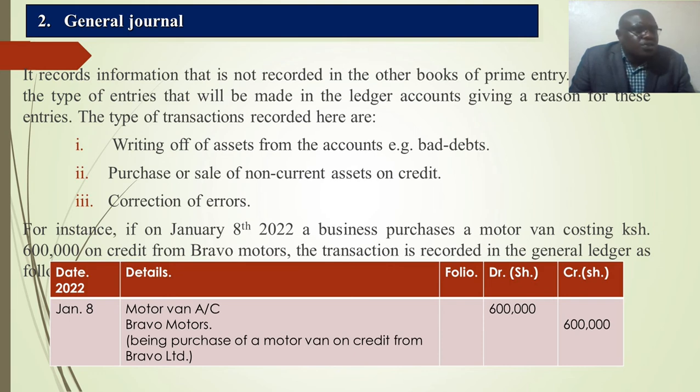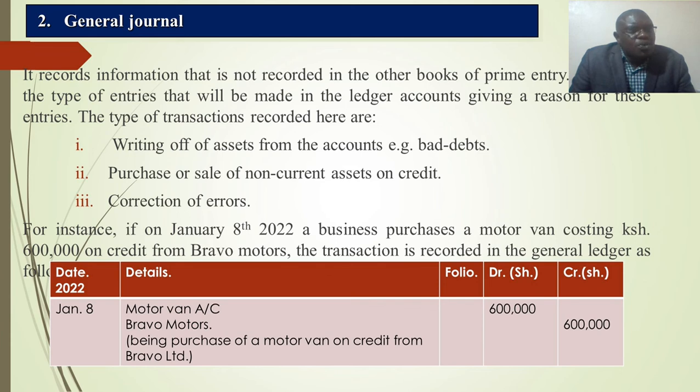The types of transactions which are usually recorded in the journal proper may include, number one, writing off an asset from the accounts. For example, when you write off bad debts, you have to record that transaction of writing off bad debts in the journal proper.